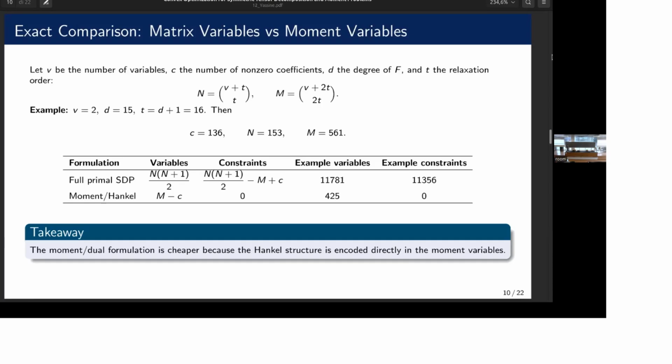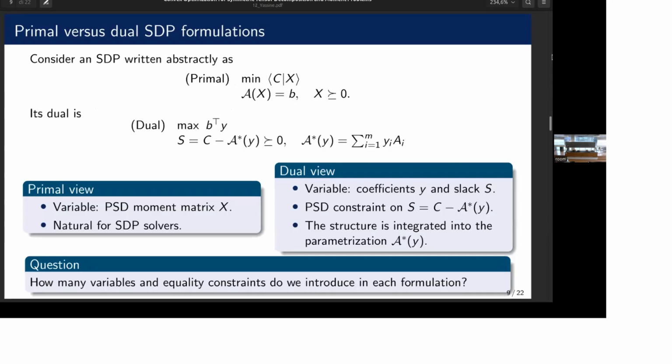However, in the dual formulation, we have only 425 variables. This is because the Hankel structure is already encoded into the parameterization A star y.